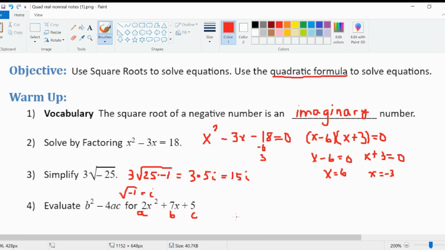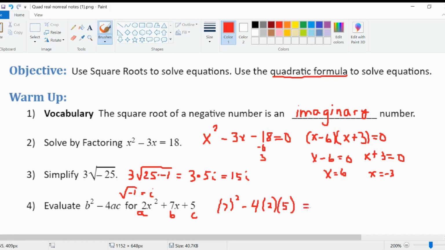So now we've got our three values, and we're going to simply just plug those into b squared minus 4ac. So that's going to be 7 squared minus 4 times a, which is 2, times c, which is 5.